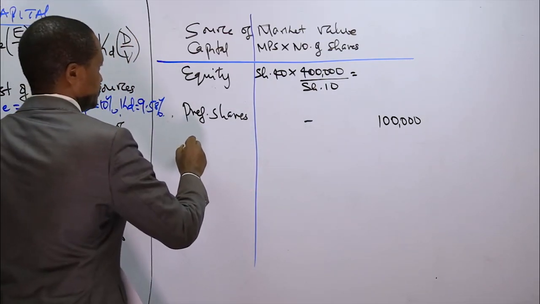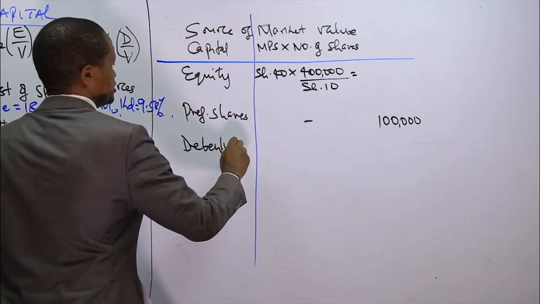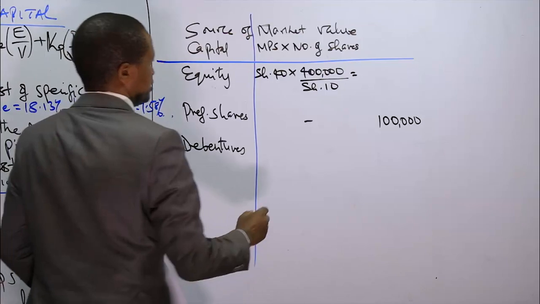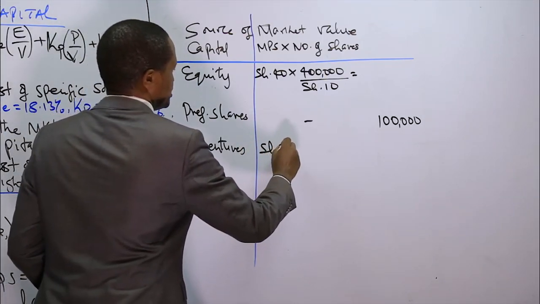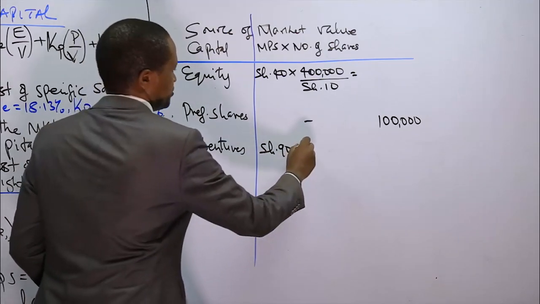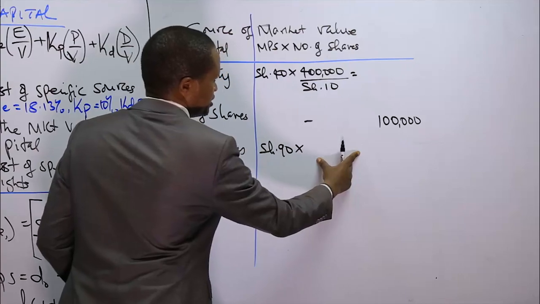Then we have lastly debentures. The market price for debentures is 90. We multiply that with the number of debentures. How do we determine the number of debentures?